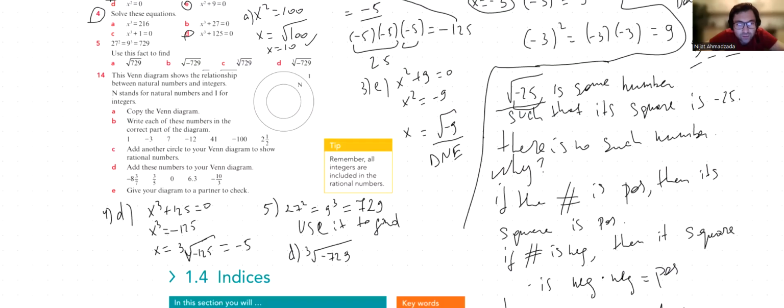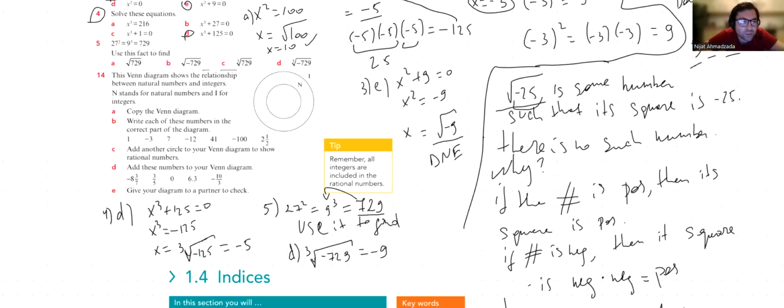We know the cube root of 729. So what's the number whose cube is 729? We see the number is 9, because 9 cubed is 729. But we need a number whose cube is negative 729. So the number would be negative 9. Done.